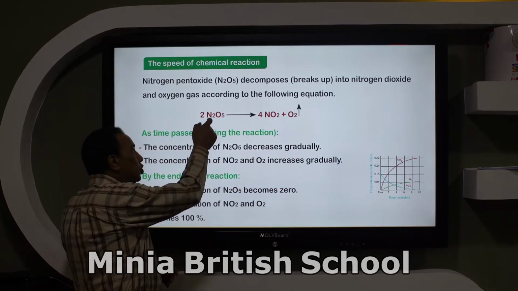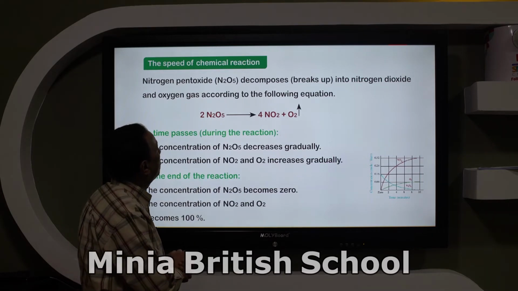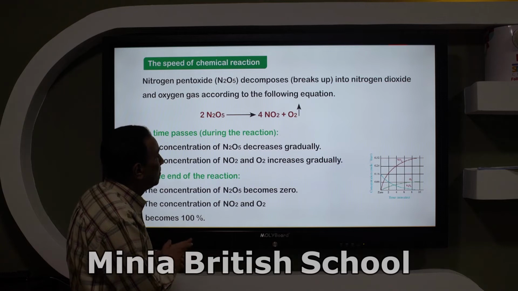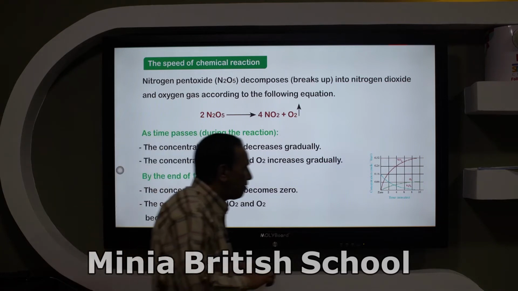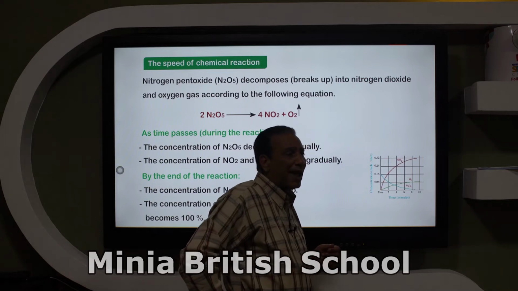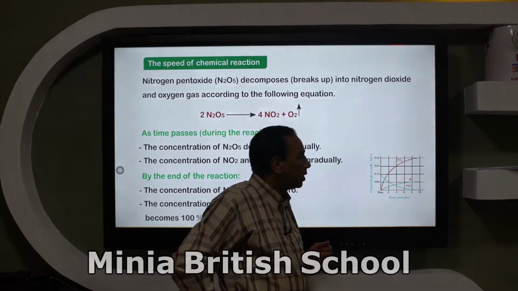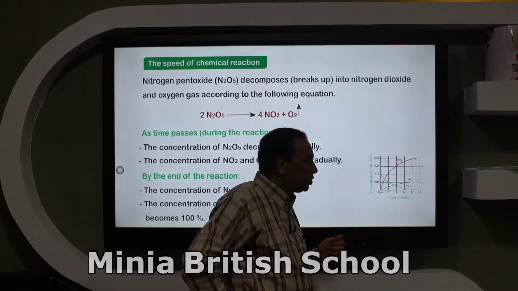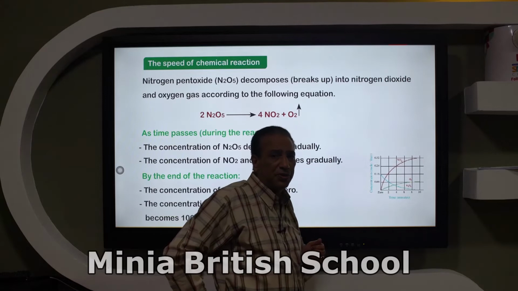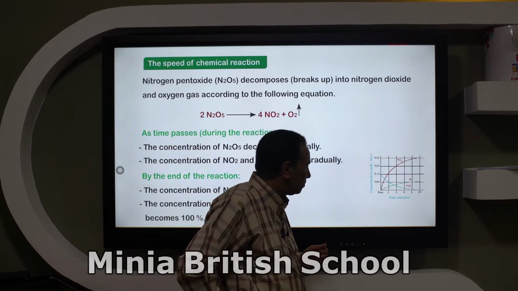This is also a decomposition, breaking down of the nitrogen pentaoxide to give two gases here in the graph. At the beginning of the reaction, the concentration of reactant is supposed to be 100% and the product equals 0. At the end of the reaction, the concentration of the reactants equals 0 and the concentration of the product is 100.